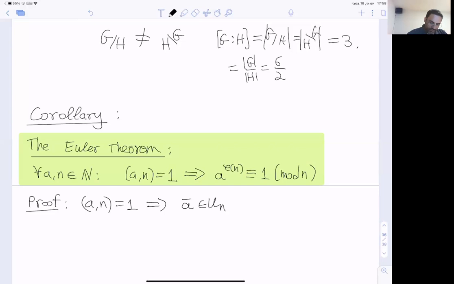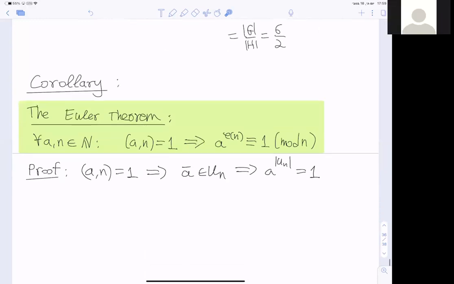So A to the power of the Euler group order, remember we've just seen that any element to the power of the order of the group is 1. But 1 means 1 modulo n because we are in U_n. Okay. Can you please remind me what is A bar?